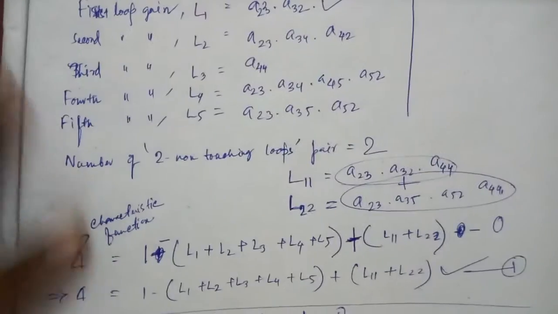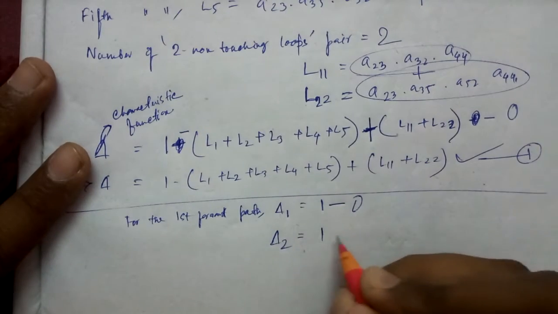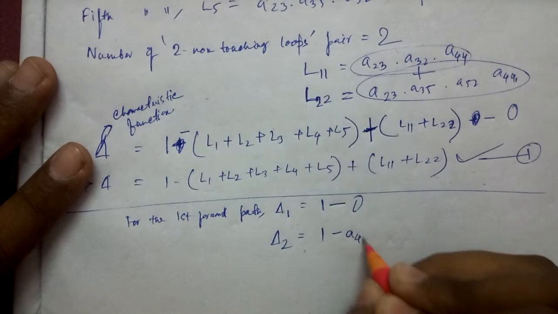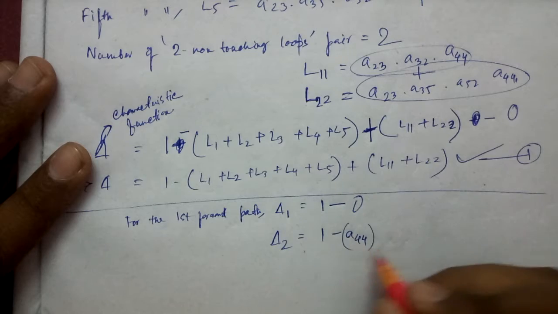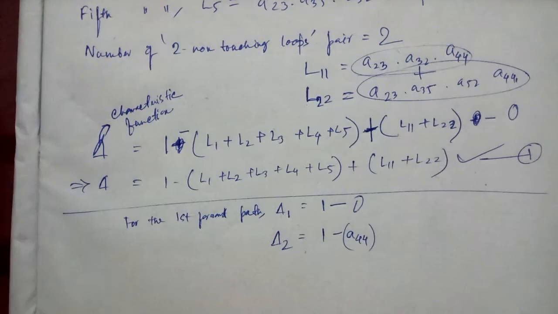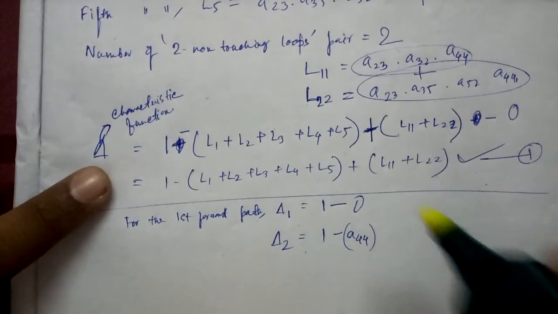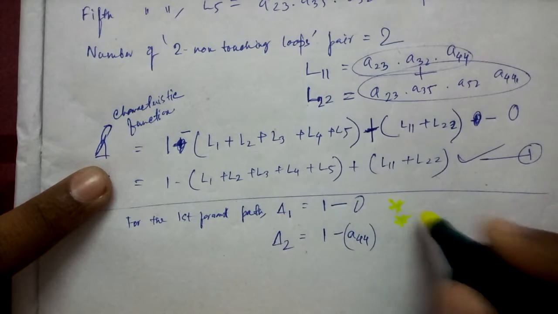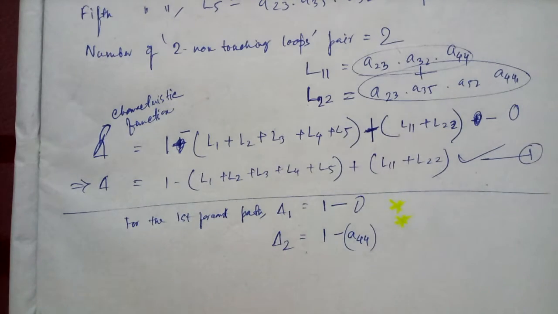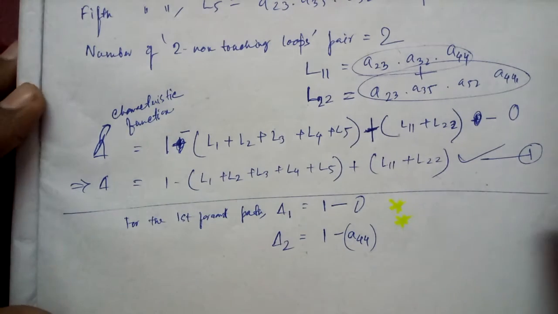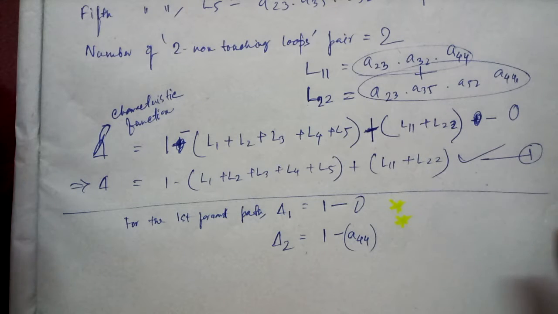Means here the value of delta 2 will be 1 minus A44. This part is very important, and always remember how these are calculated. So now every necessary part is calculated. Now just put them into Mason's gain formula and you'll get the transfer function.